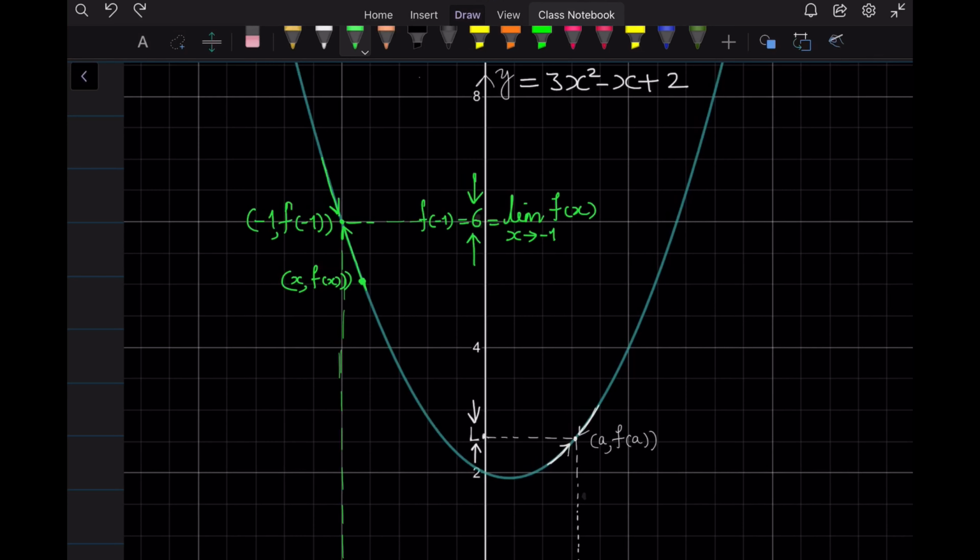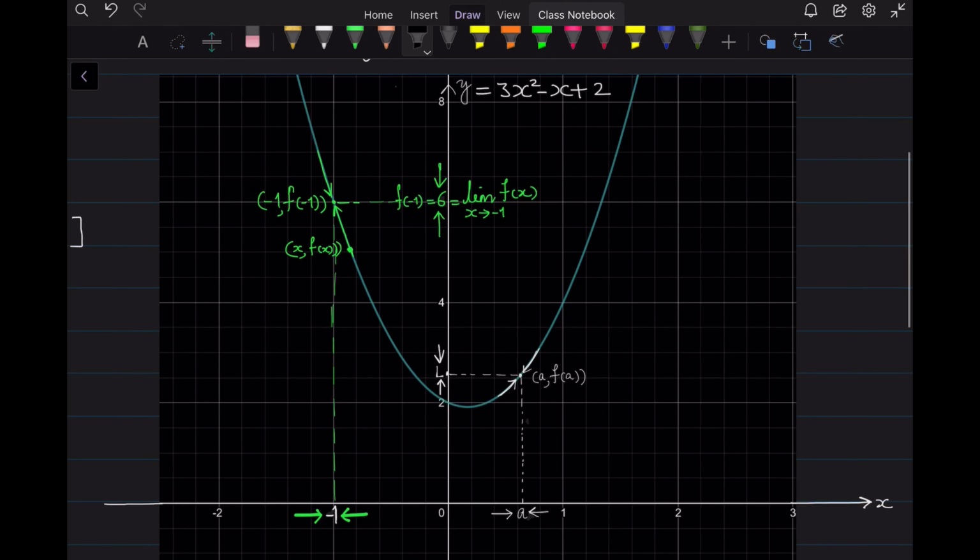As I said, the graph of a polynomial function is free from breaks or holes, which means that this property, the direct substitution property, is not just true for this particular point or for this particular polynomial function. The direct substitution property is true for any polynomial function in general on the entire set of real numbers.